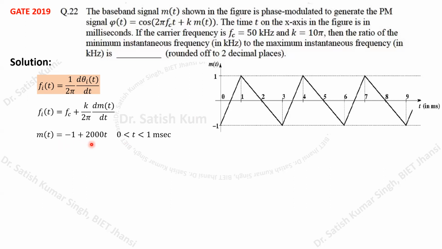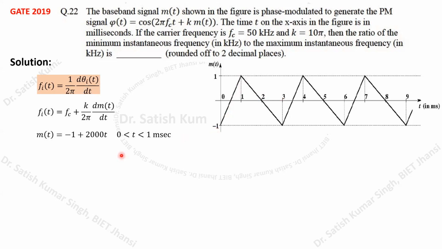You can verify that it is very simple to get. In this duration the waveform is rising, and later the function is decreasing, so it is a ramp function, but with a different slope in different time durations.